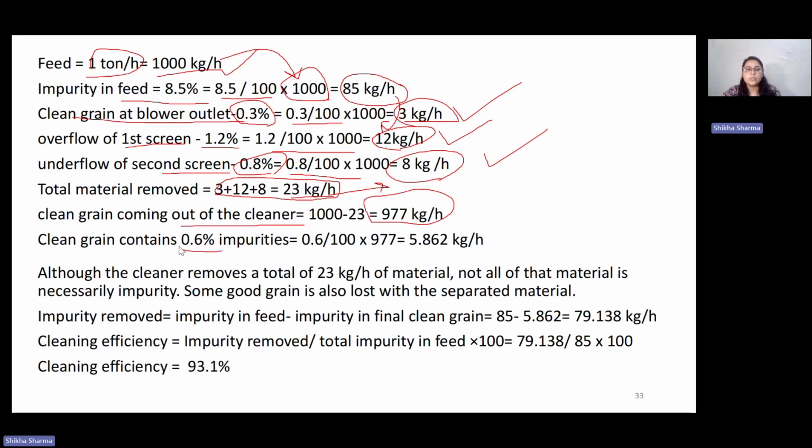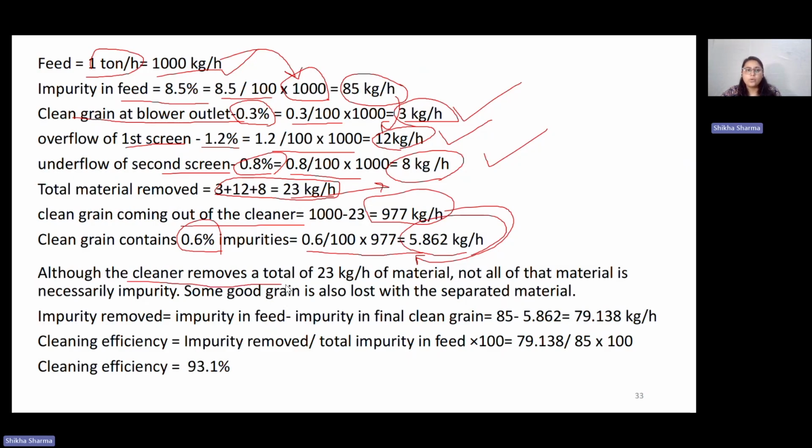In this grain, 0.6% is impurity. So 0.6 divided by 100 into 977 is 5.862 kg per hour of impurity.